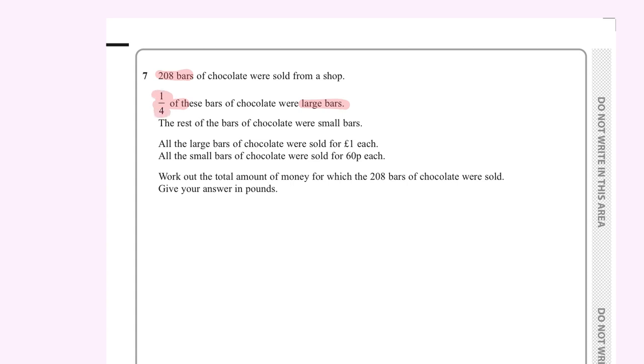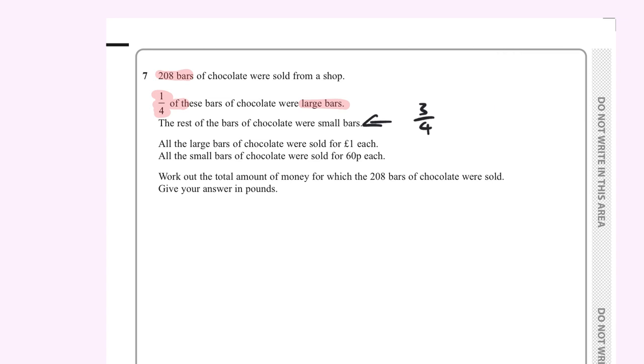So the rest, meaning 3/4. We've got 1/4 are large, and the rest are small. If you had a drawing, that much is large, and the rest, these 3 out of 4, are small, and that's 3/4.